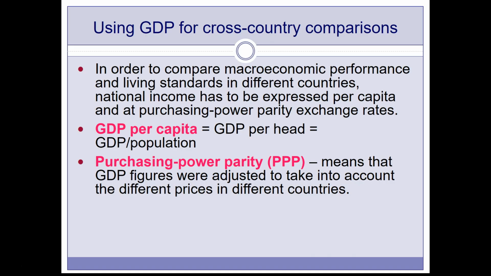One cup of coffee can cost £1 in Ukraine and £5 in Norway, or dollars. So generally, if you want to compare standards of living, you will need to take into account different price levels in different countries, because obviously different goods cost different amounts of money in different countries. And the same income, the same value, will actually imply very different standards of living in different countries. So this is what purchasing power parity means. It's simply GDP adjusted to take into account the real purchasing power of this money.